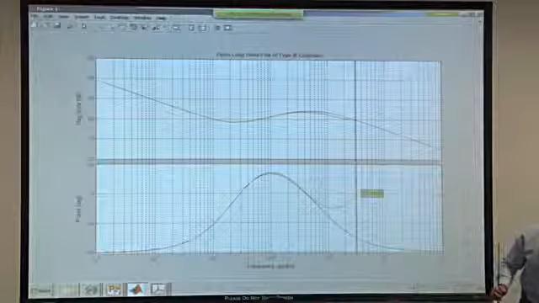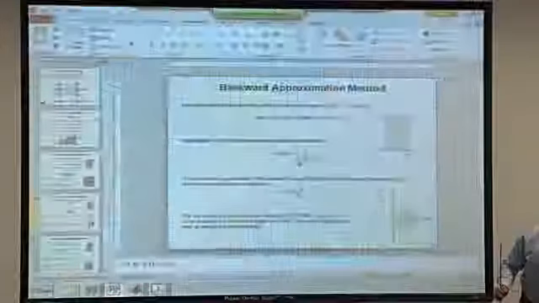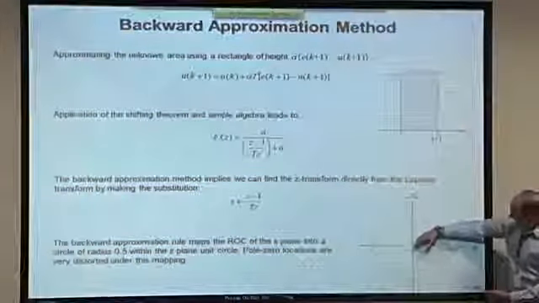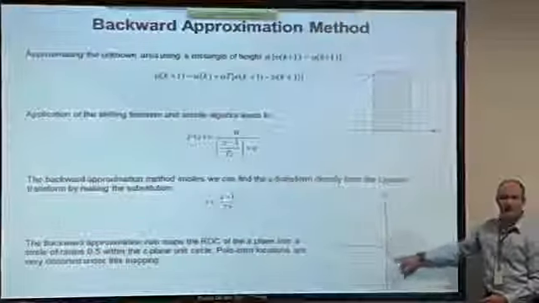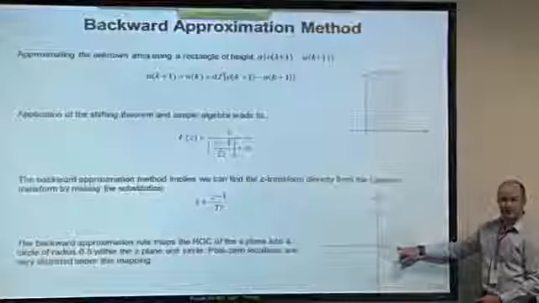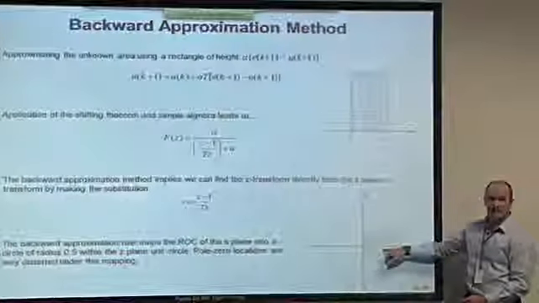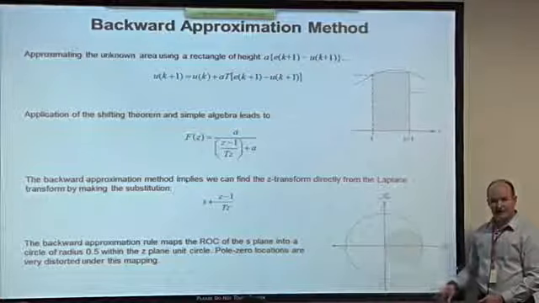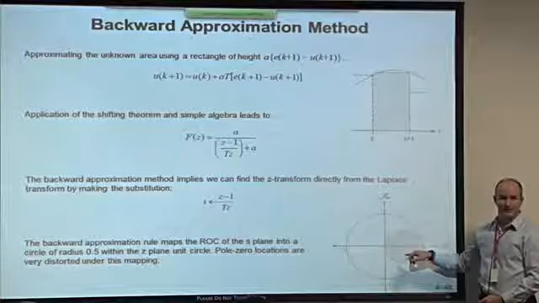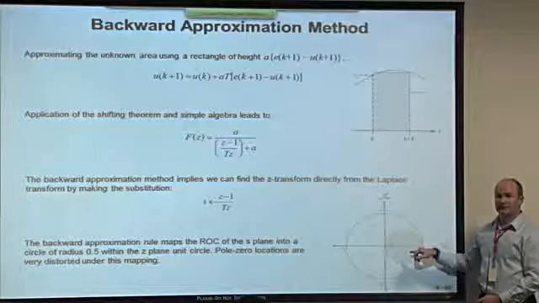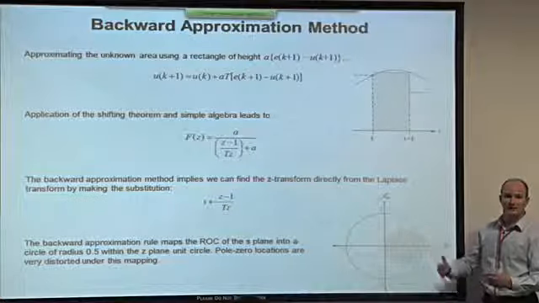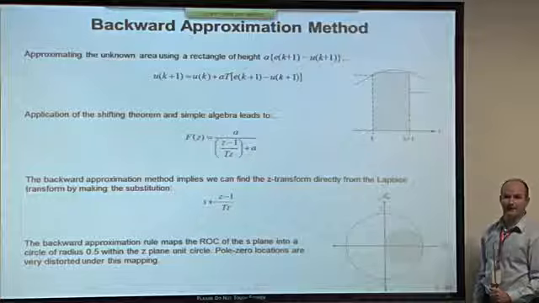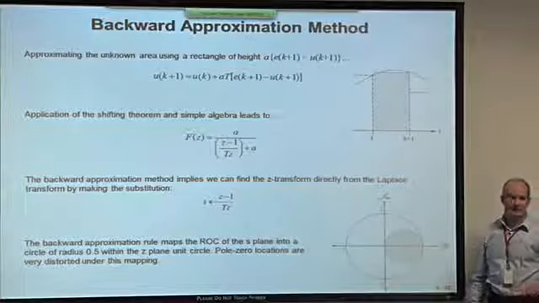When you map the entire left half plane using the backwards approximation technique, all of it gets stuffed within this tiny circle of radius 0.5, centered on the plus 0.5 point on the positive real axis. If there was a lot of distortion happening before, there's even more happening now. That is why the backwards approximation technique introduces that distortion at lower frequencies. People don't tend to use this one much either. I have seen it used, but it's not very common.